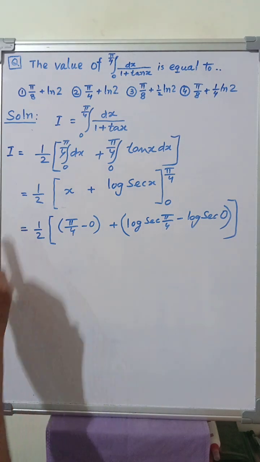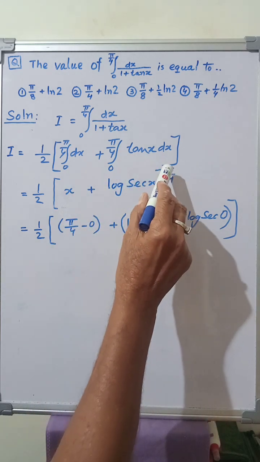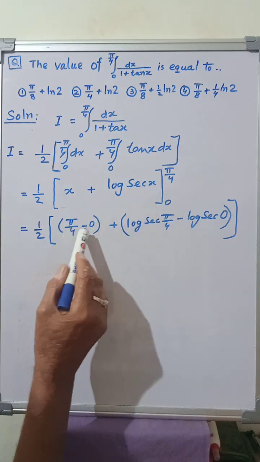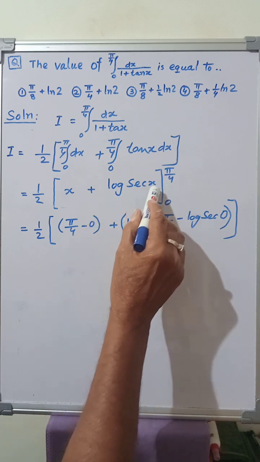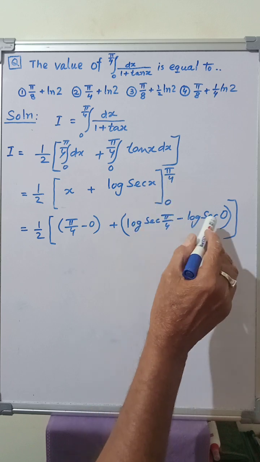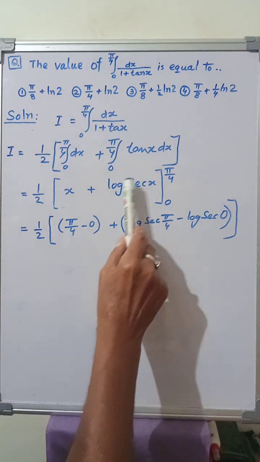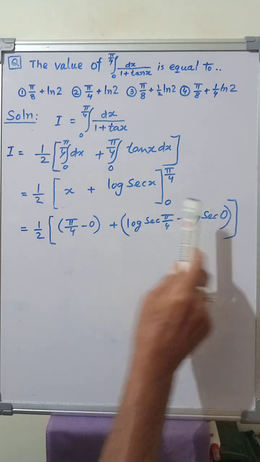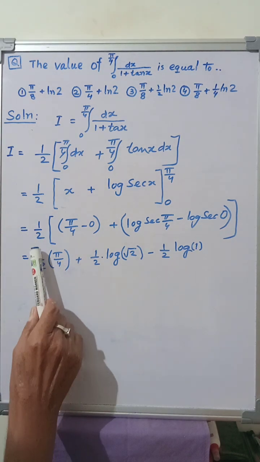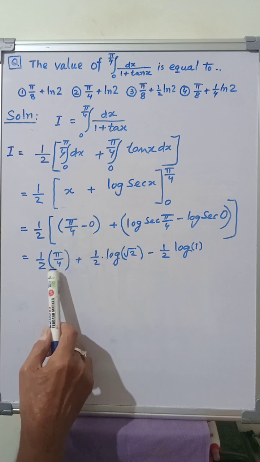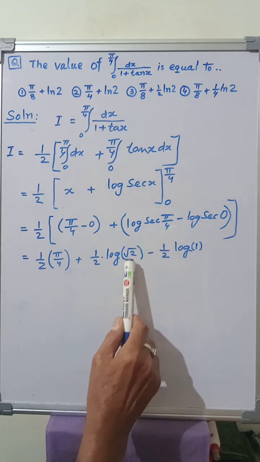Putting the limits, we get I is equal to half outside. x means upper limit minus lower limit, pi by 4 minus 0 plus log sec x. In place of x, we put pi by 4 and then minus 0. So log sec pi by 4 minus log sec 0, which gives I is equal to half into pi by 4 minus 0 is pi by 4 plus half into log sec pi by 4 is root 2.